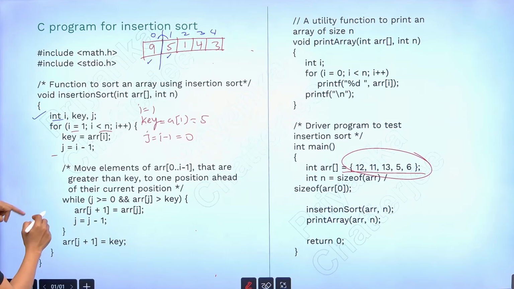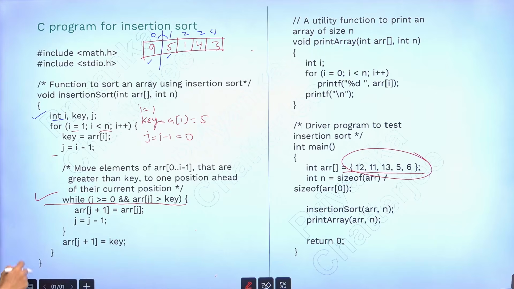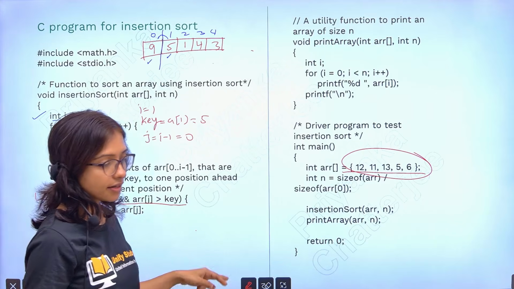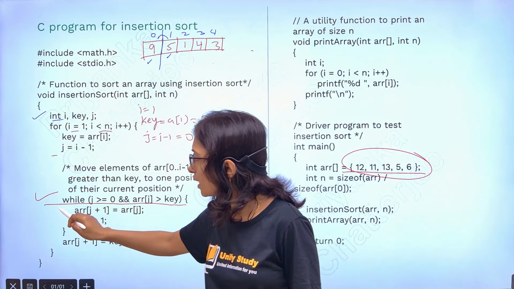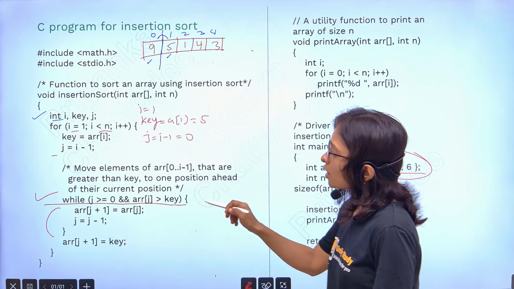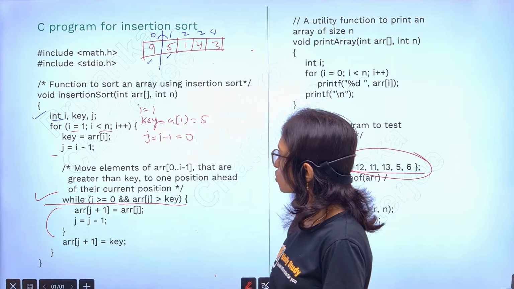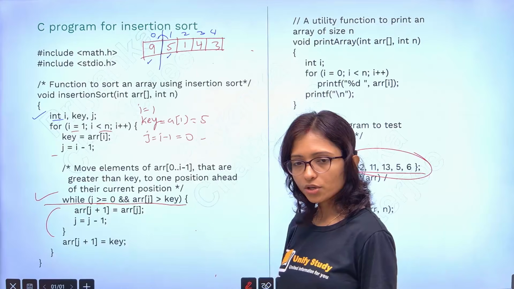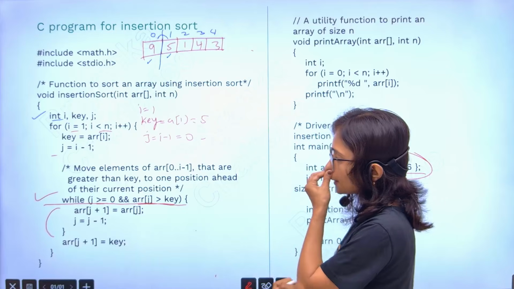Now I am coming to the while loop. This is the main condition here. The while loop will run if these two conditions are true, and as it is a while loop, it can run multiple times. It is not a for loop. So first time I am checking j greater than or equal to 0. Yes, j greater than or equal to 0, true. Then a[j] greater than key.